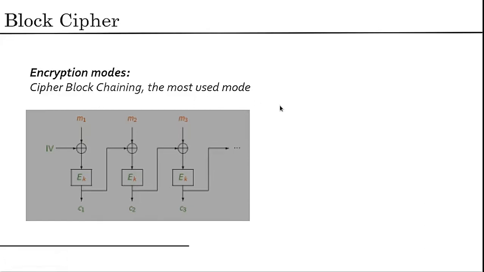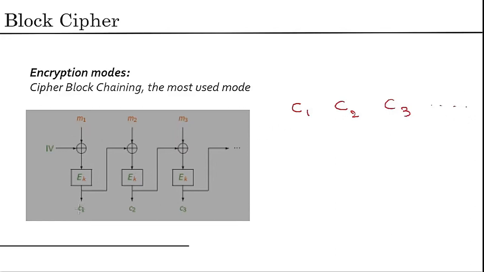On the recipient side, all we have to do is use the reverse operation of this circuit, with C1, C2, C3, and so on. Let's assume that we received all the ciphered blocks. We just use exactly the reverse of each step.